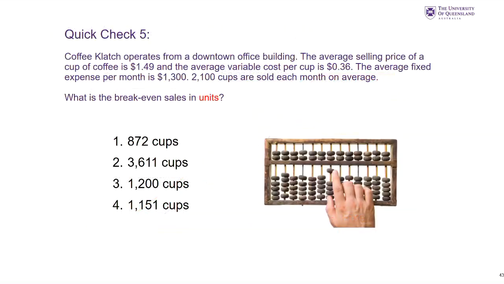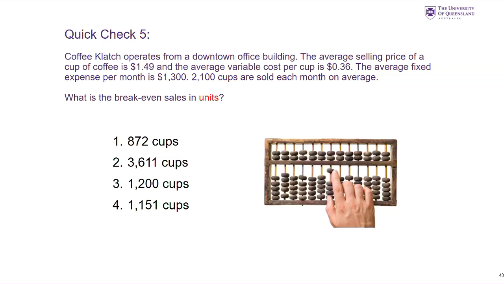Okay, so if we use a very simple example, we want you to calculate the break-even sales in units, given this information about selling coffee. One cup of coffee: the selling price is $1.49, the variable cost is 36 cents. The fixed expense per month is $1,300, and we expect on average to sell 2,100 cups.